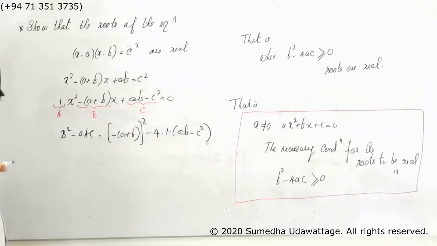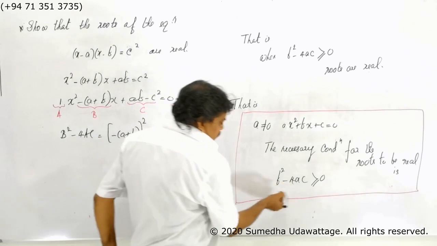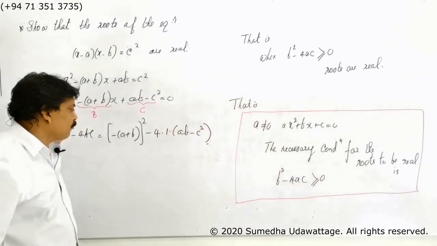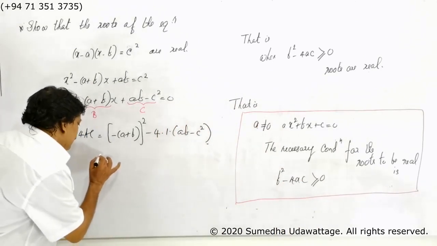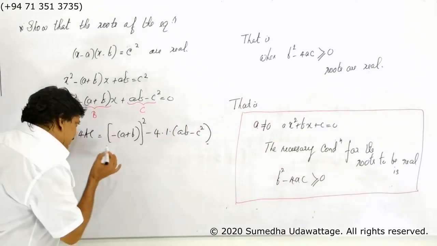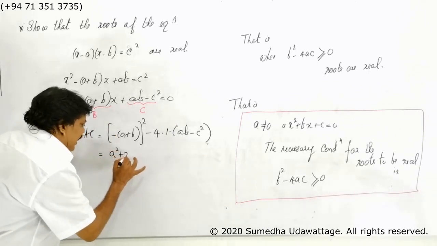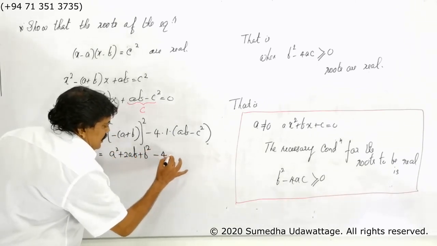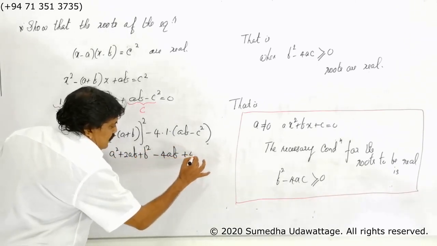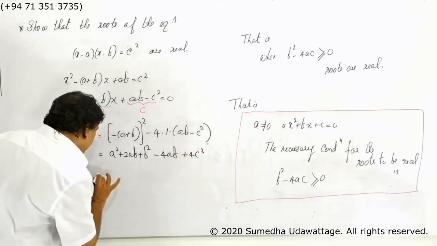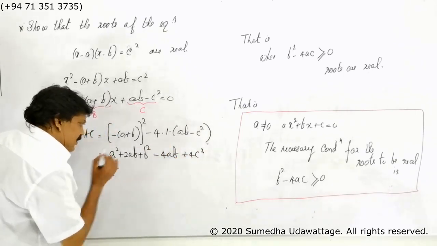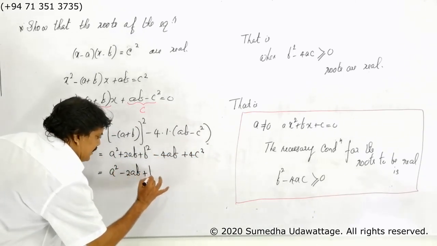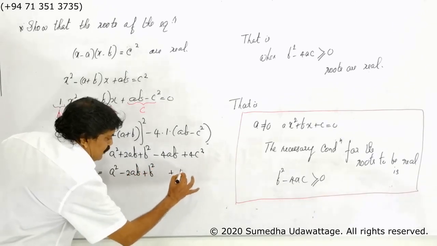Now, to show that the roots are real, we got to show this determinant is larger than or equal to 0. Then, this minus squared becomes plus: a square plus 2ab plus b square minus 4ab plus 4c square. We would simplify this to be a square minus 2ab plus b square, then I would write this 4c square.